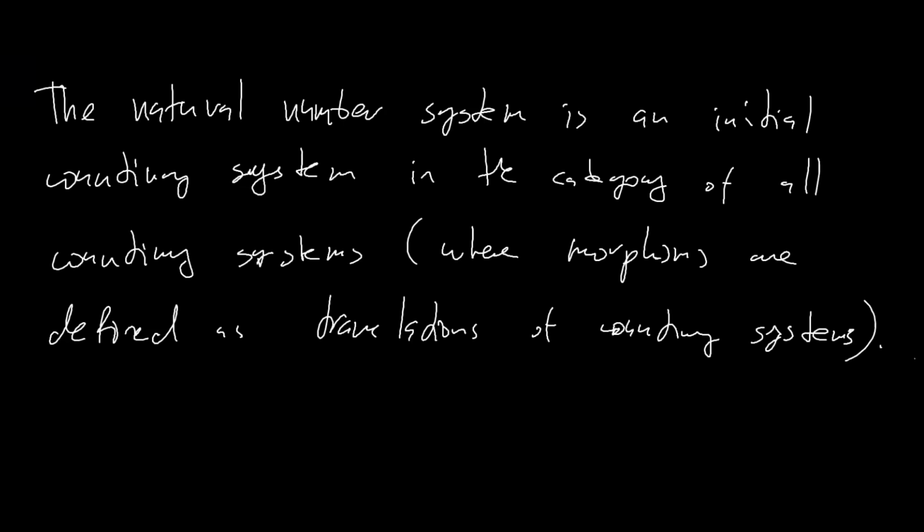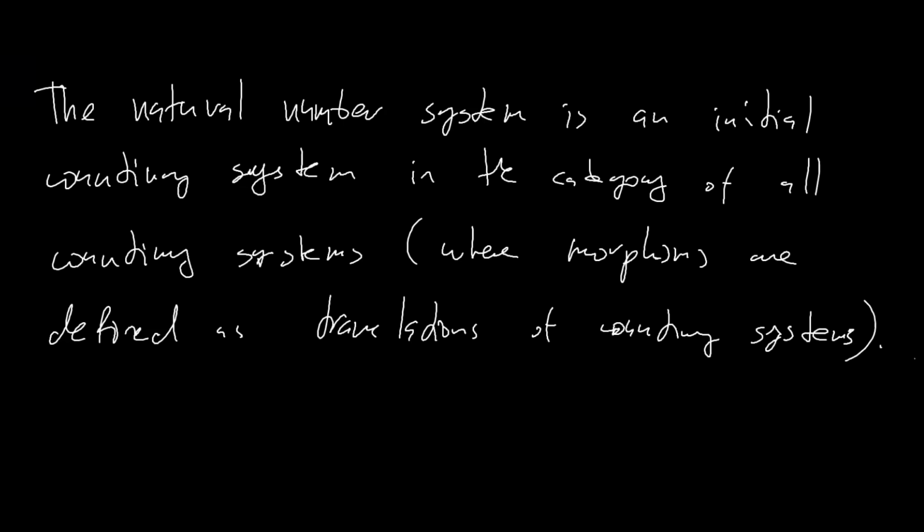So I could literally define a natural number system as an initial object in the category of counting systems and not ever worry about mathematical induction, for instance. And this is really an example of conceptual simplification that category theory, that looking at things in terms of arrows and in terms of morphisms of structures, allows us to arrive at.